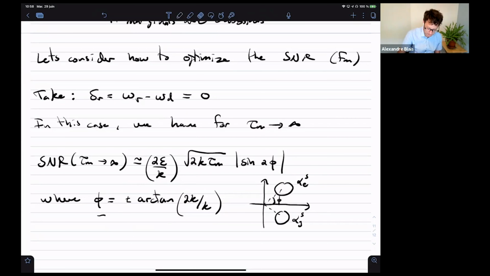Well, that's easy enough because you remember I gave before equations of motion for alpha dot. If it's steady state, then you simply take this equals 0, and now you have an expression to solve.